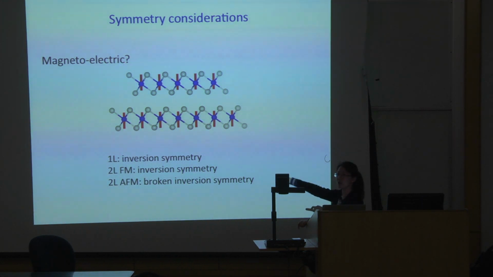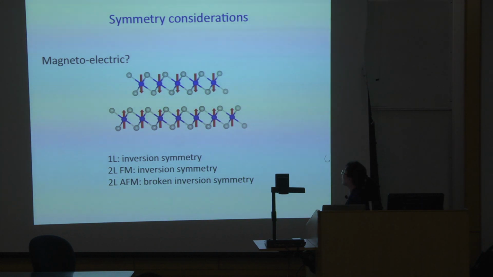So the structure itself is centrosymmetric. And that applies to 1 layer, 2 layer, 3 layer, throughout the bulk. If we are looking at ferromagnetic, when the spins line up, it has inversion symmetry.